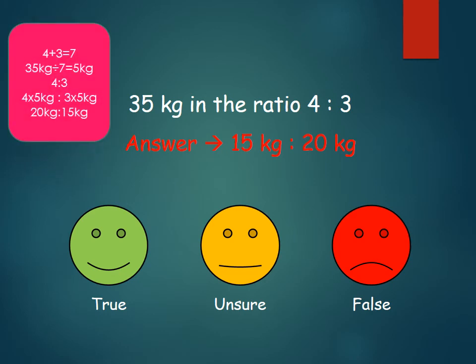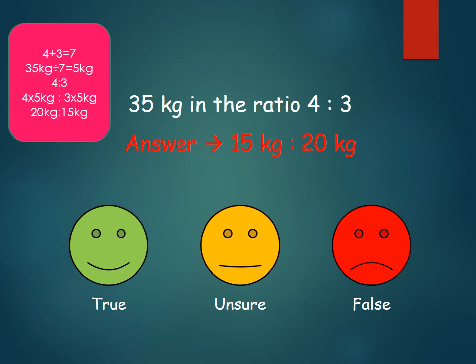We will see. First, we add the number of parts. 4 plus 3 equals 7. Then we divide the total amount by 7. So 35 divided by 7 equals 5. And we know the ratio is 4 to 3.